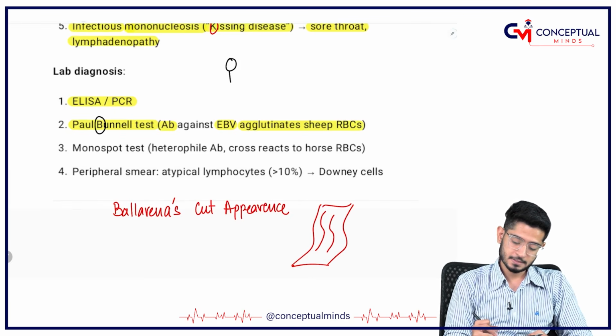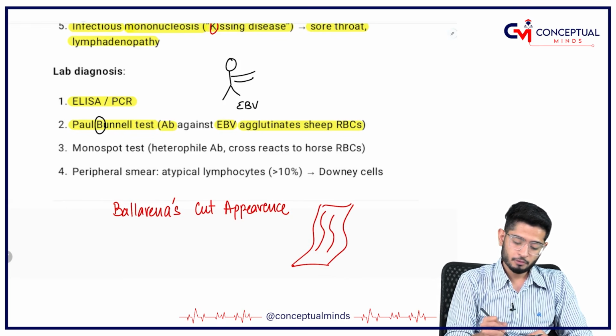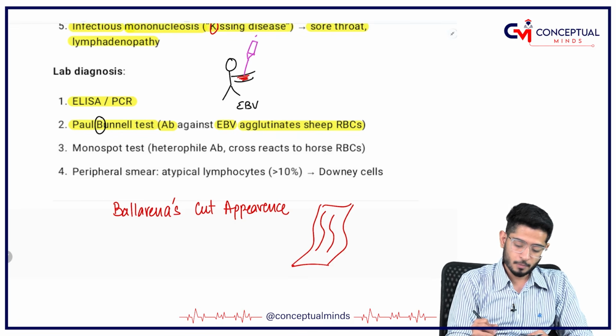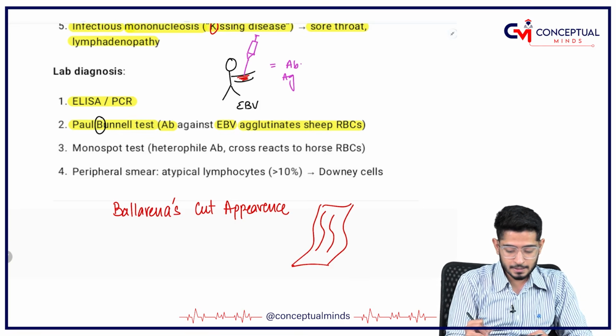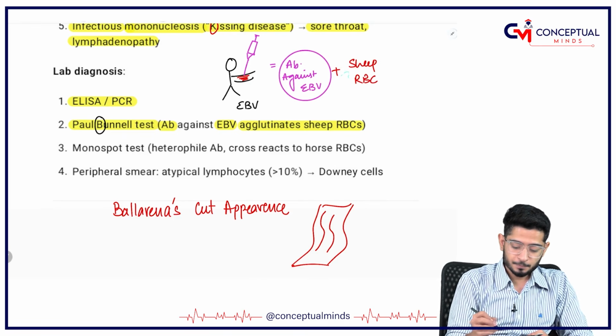For example, this is a man suffering from Epstein-Barr virus. From his blood, you take the sample. Obviously, the sample will have antibodies against Epstein-Barr virus. You take these antibodies, put them with the sheep RBCs, and these antibodies will agglutinate or kill the sheep RBCs.